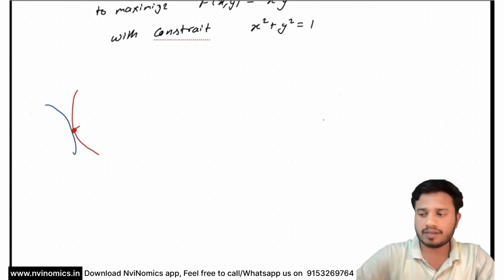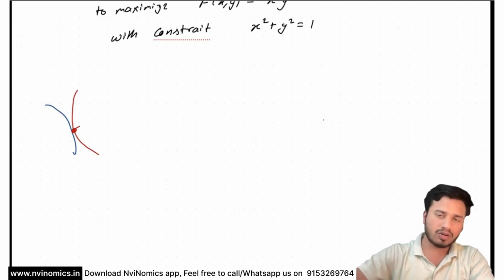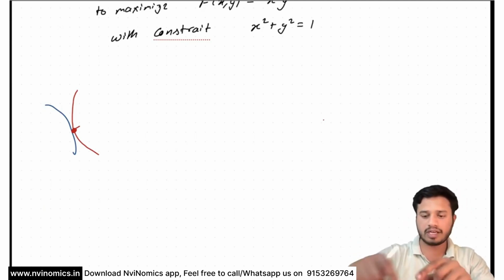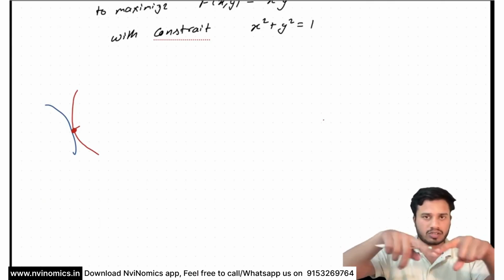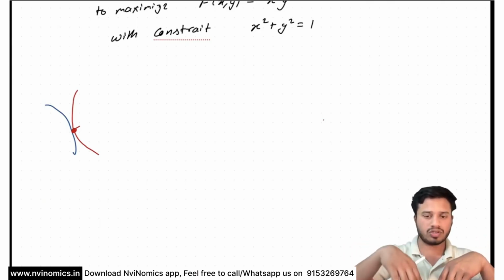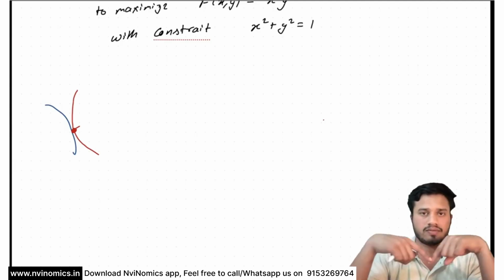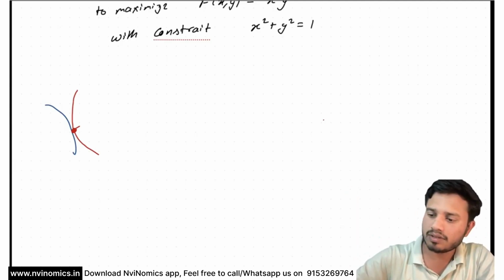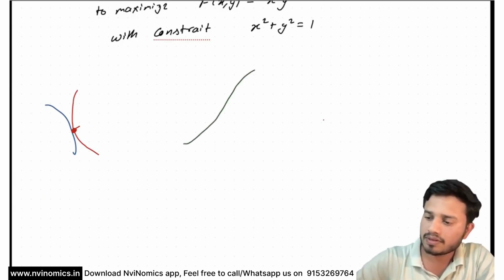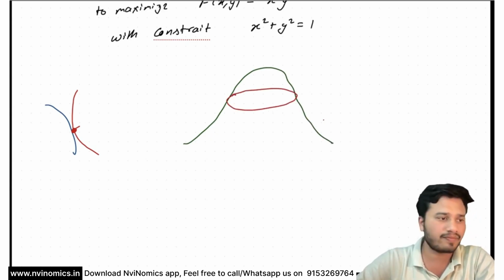Why are contours important? See, when you are on a contour, on a mountain, the contour means you are not going up or down. Let me draw one more time. Suppose you have some mountain like this, and there is some curve like this.